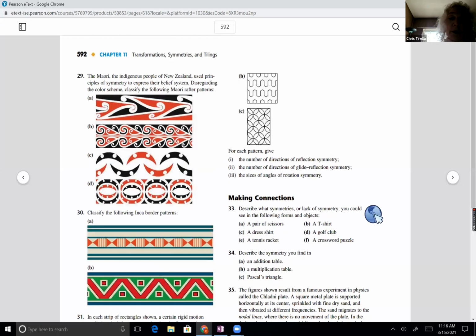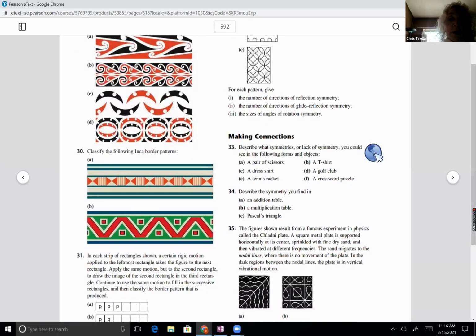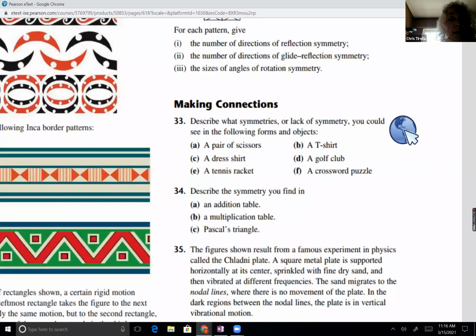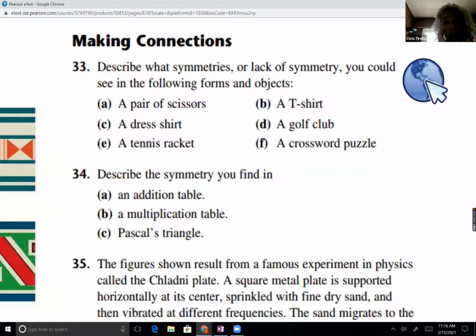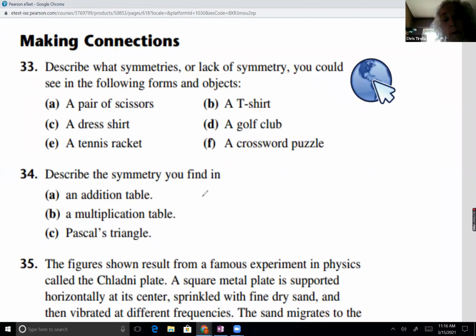Oh, I love this question because it takes that idea of symmetry and says, okay, let's think about this. If I talk about an addition table, that would be when you're trying to learn your addition facts. You might put the plus sign here. We might have the numbers 1, 2, 3, 4 across and 1, 2, 3, 4 down.